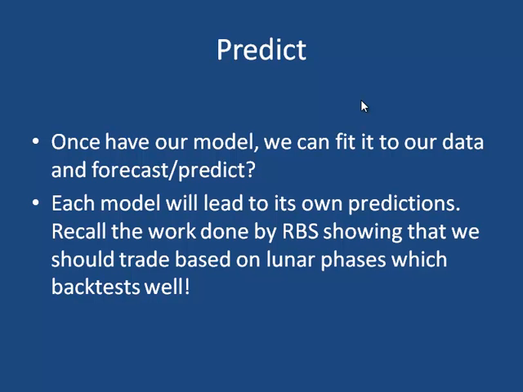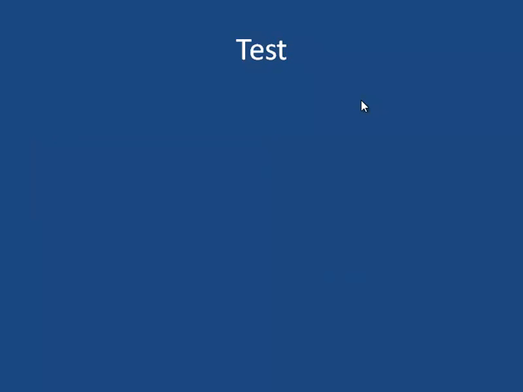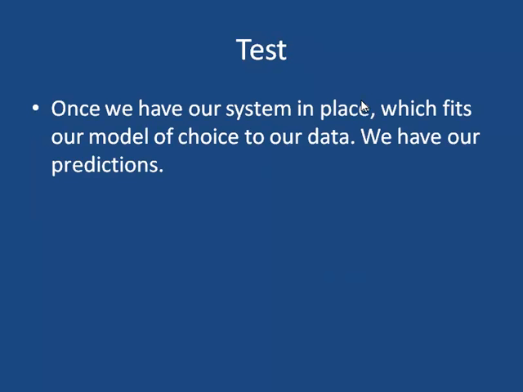Recall the work done by the Royal Bank of Scotland in an earlier video, showing that we could trade based on lunar phases, and that actually backtests well, which leads us on to the final step, testing. So once we have our system in place, which fits our model of choice to our data, we have our predictions.